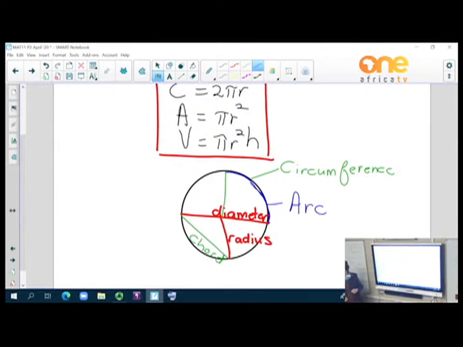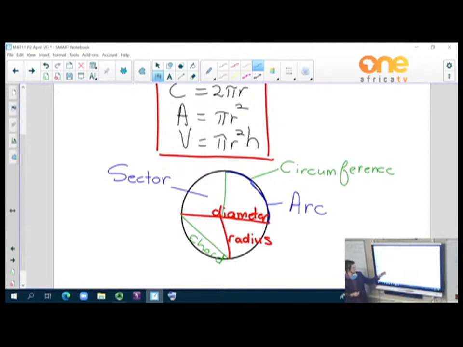That's the arc length. And this is what we're going to learn today, how to calculate that arc length. Then this part is called a sector. It's part of the area. Sector, it's like the piece of pizza or the piece of cake that you are eating.